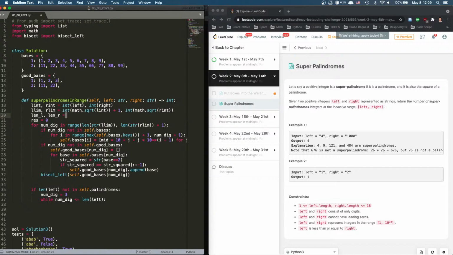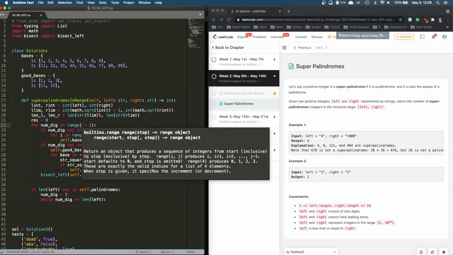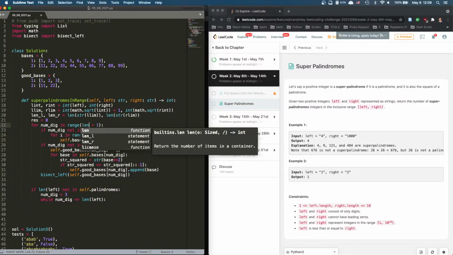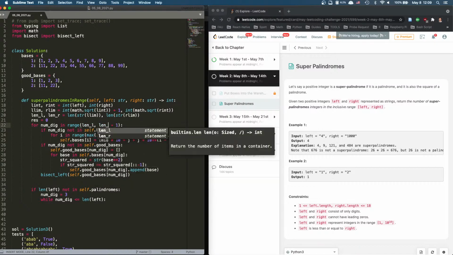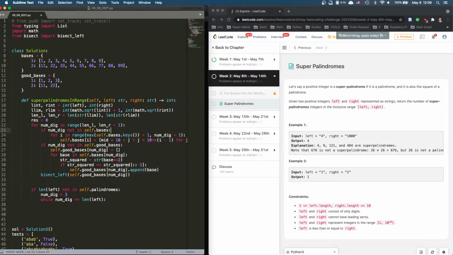Paste it. And then coming here, we shouldn't have yanked it. We should have just deleted. We can use C. Yeah, should have used C on this. Anyway, so it's gonna be len left, len right. Okay.